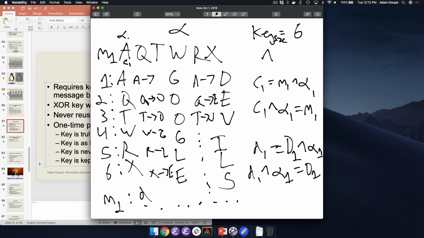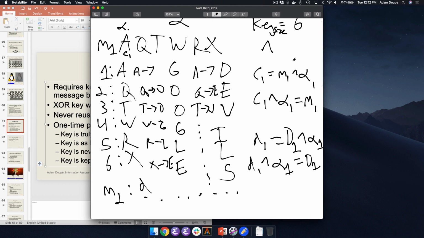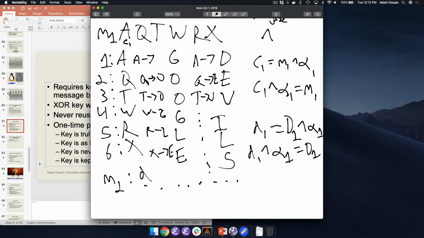So now in these two equations, we have both D1 and C1. So what is alpha equal to here?